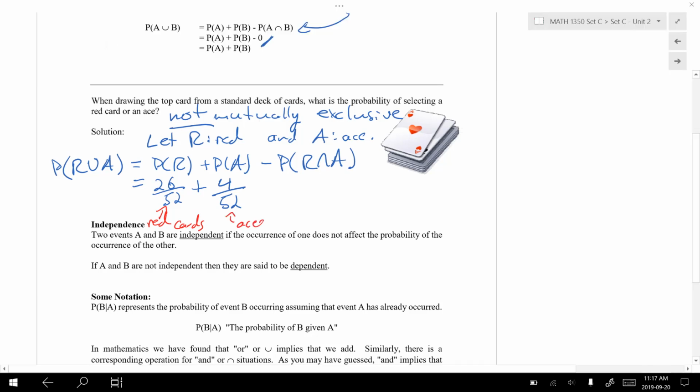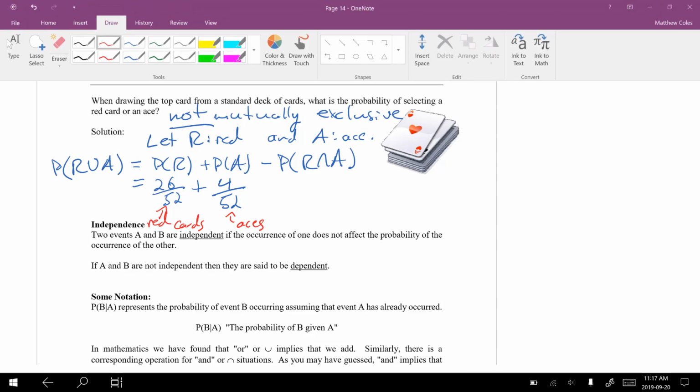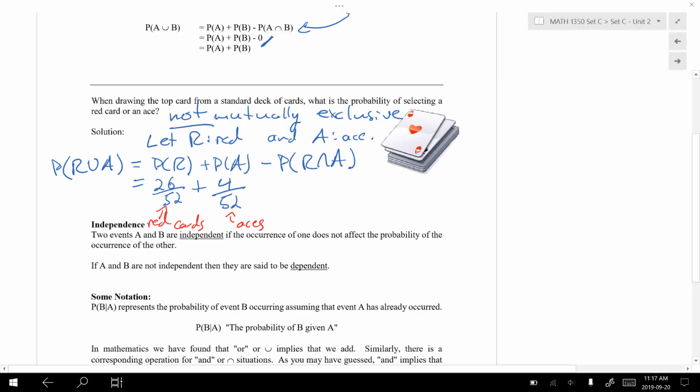Here are our aces. Now, if we stopped our equation here, we've added up all of the red cards, we've added up all of the aces, but the red aces fall into both of these camps. 2 of the 26 here and 2 of the 4 here are the 2 red aces, and so they've been double counted, so we must subtract them off once.